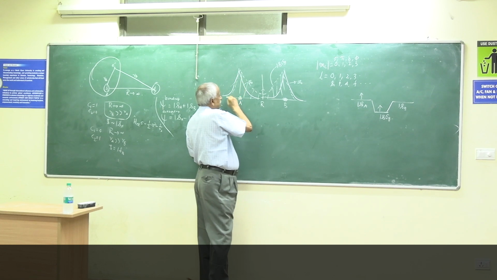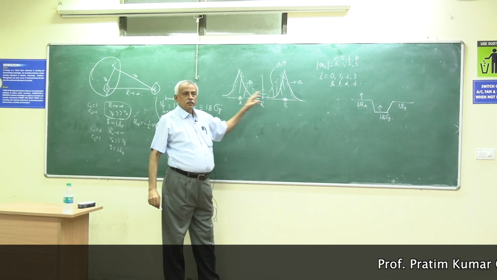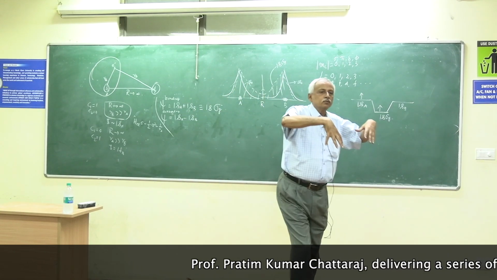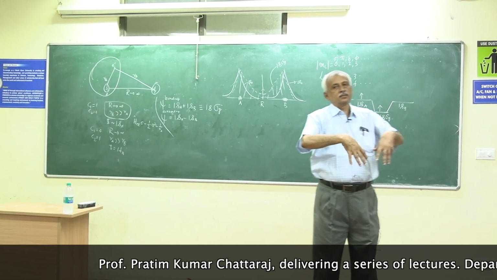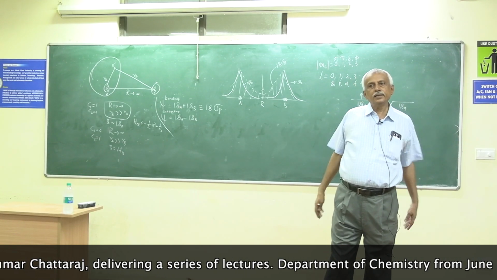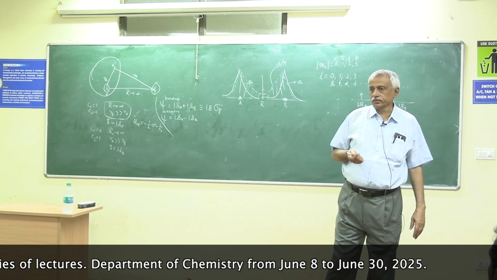Away from the nucleus, there would be depletion of electron density. In between the nuclei, there would be accumulation of density. Is it clear? Because the area under the curve should be the same for atomic versus molecular orbitals. Okay.